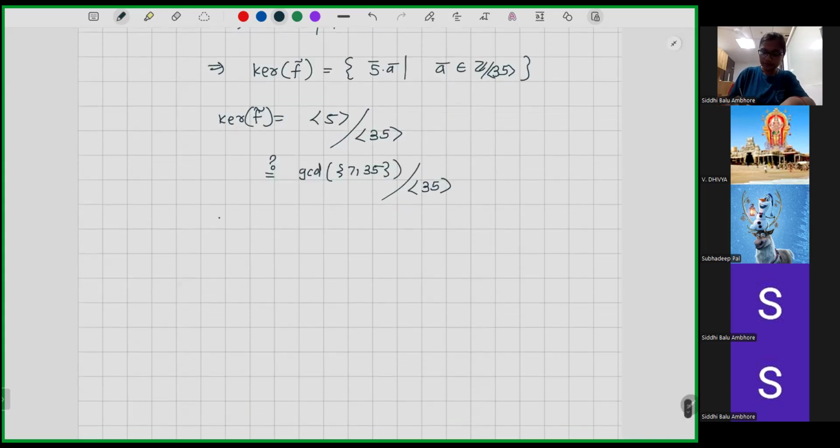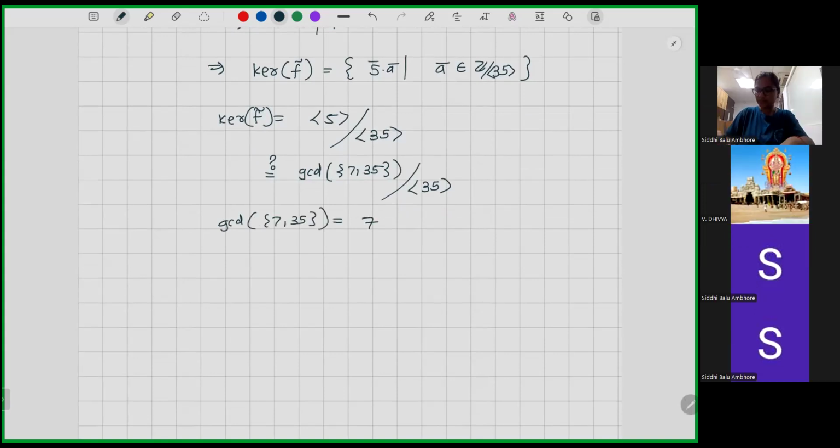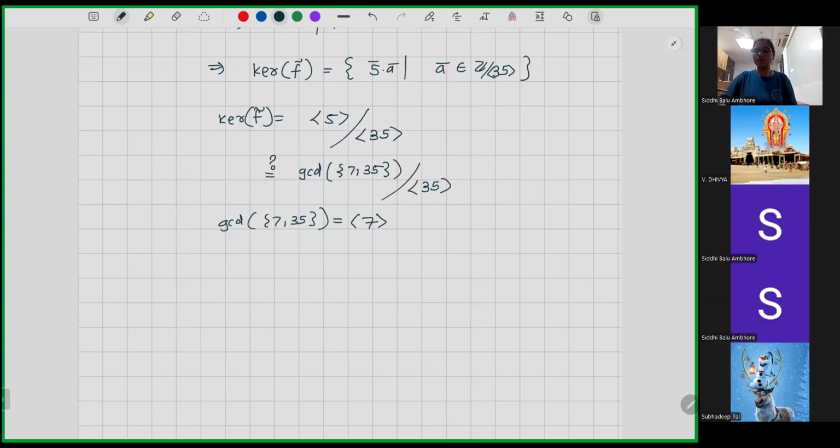No, right? What is the GCD of 7 comma 35? It is 7. And this 7 and 35 are not equal. Even the equivalence classes of 7 and 5 in Z mod 35 are not equal. So these two ideals are not equal. Is it clear what I'm saying?